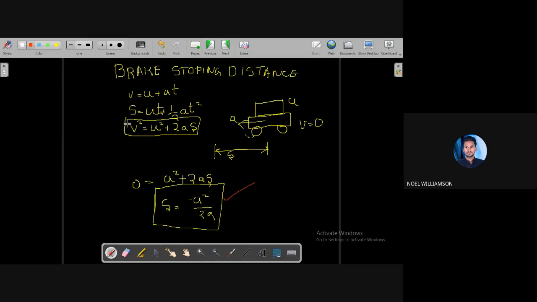Here we use Newton's equation, v square equals u square plus 2as, where v is the final velocity, which is 0 because it is retarding to 0, u is the initial velocity, a is the acceleration or retardation, and s is the distance or displacement.